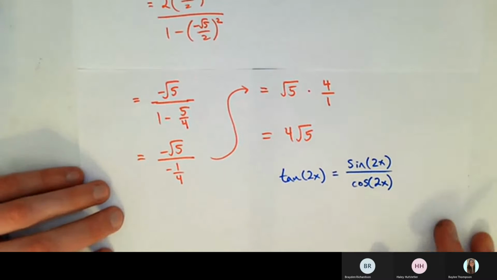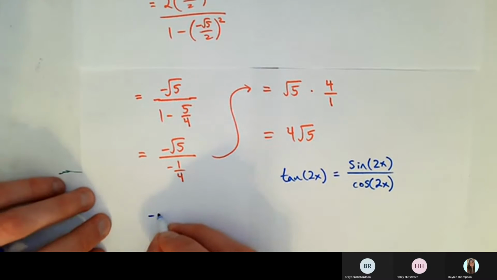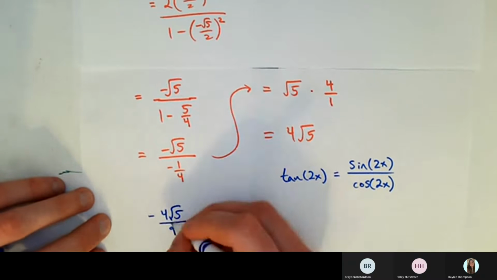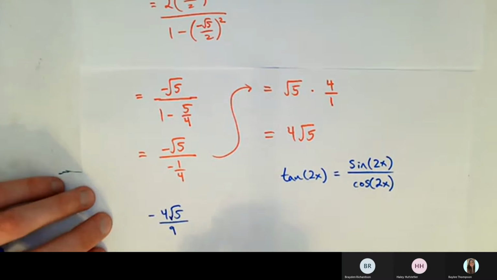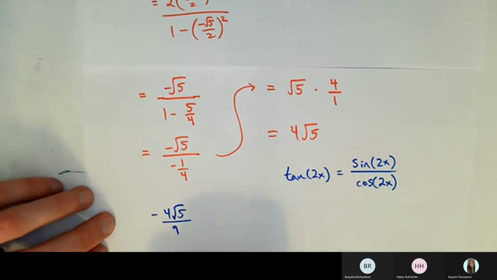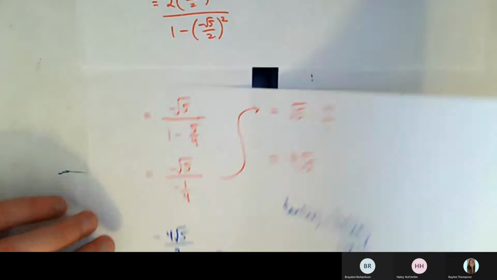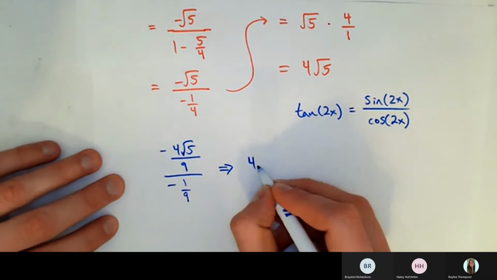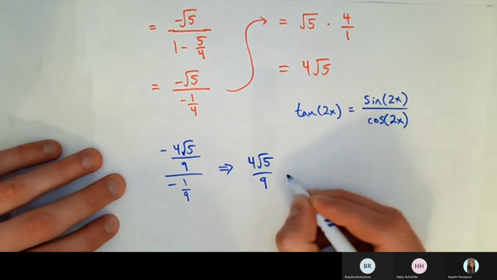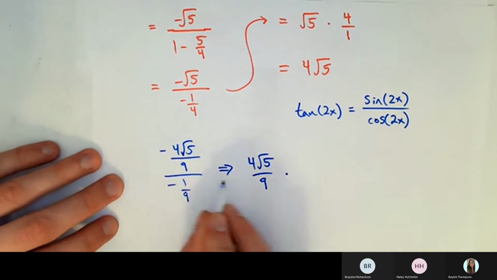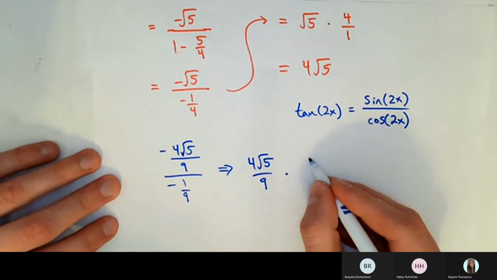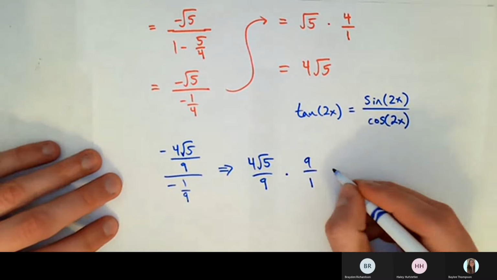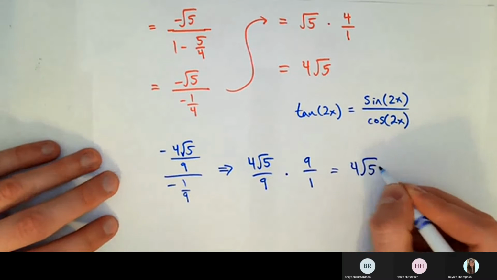Well, I had sine of 2x being negative 4 square root of 5 over 9, and then over cosine of 2x, which was negative 1 over 9. So how does that work out? Well, the negatives cancel, and I have 4 square roots of 5 over 9 times the reciprocal, so times 9 over 1, and I end up with 4 square roots of 5.